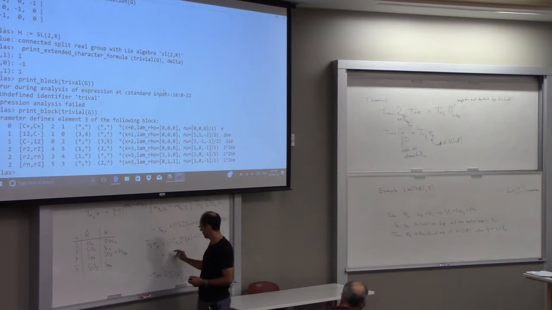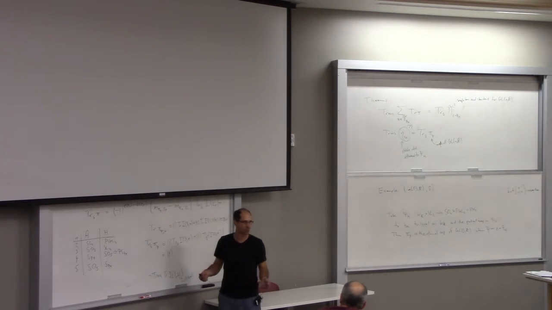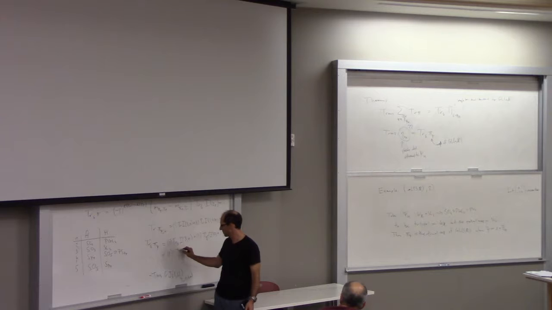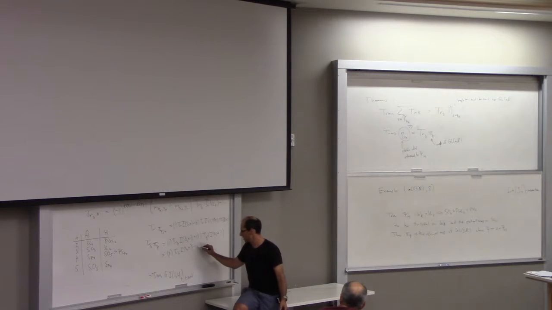So this one is okay. It turns out that the Whittaker normalization and the Atlas normalization for principal series always coincide. So this is the same. But we've got to put a minus sign here, plus -1.